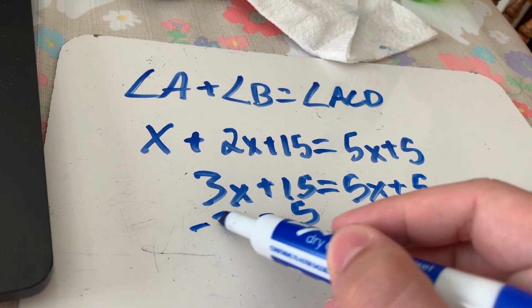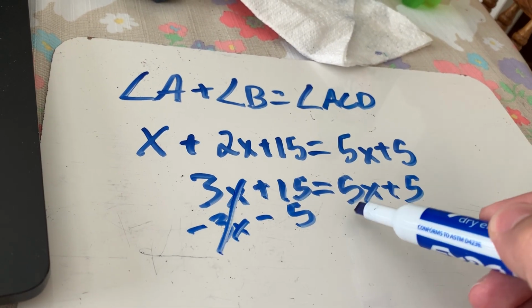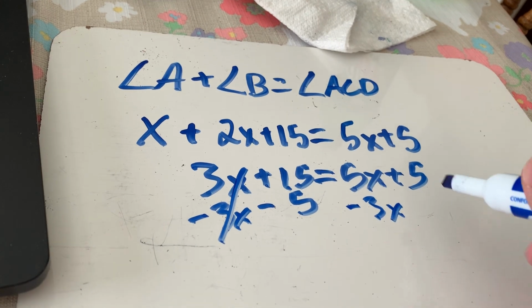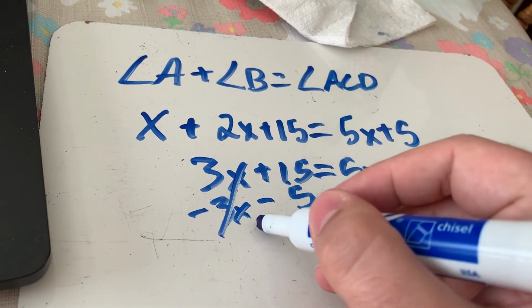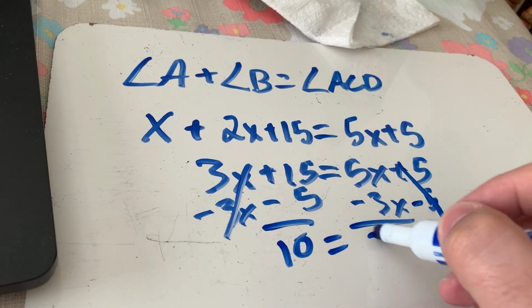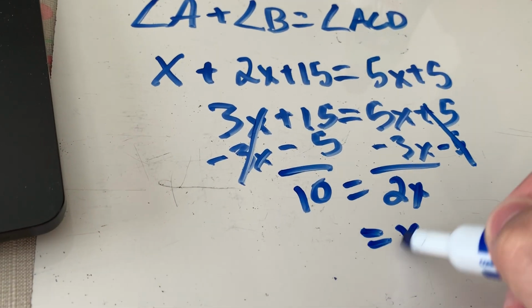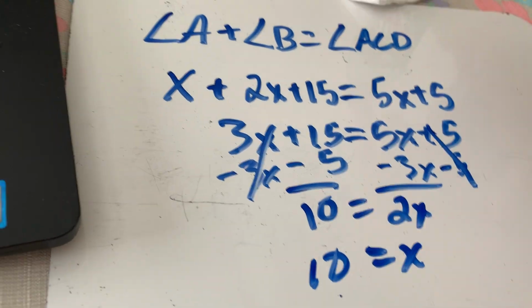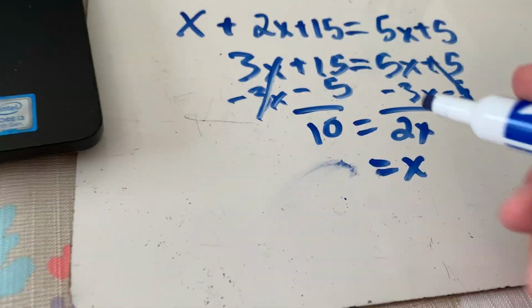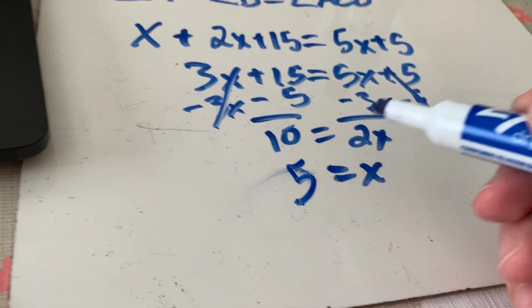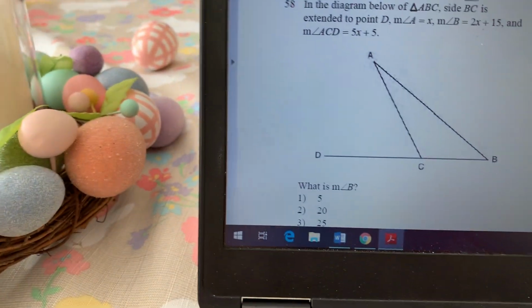I'm going to start by subtracting 3x on both sides, because that'll cancel out. And then I'm also going to subtract 5 on both sides. That gives me 2x equals 10. Divide by 2, so x is 5.